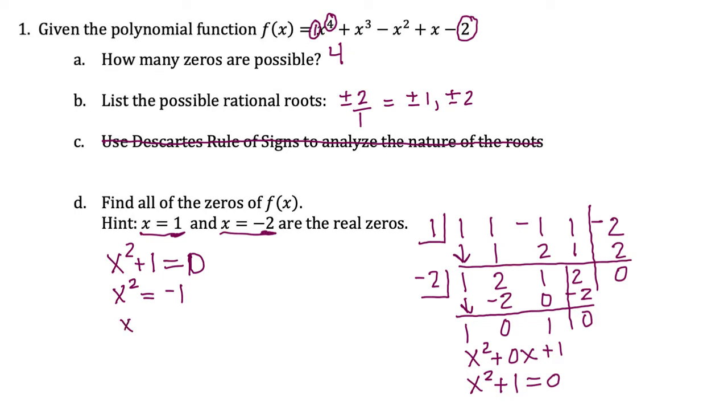Take the square root of both sides, and keep in mind that this is going to be plus or minus the square root of negative 1, and the square root of negative 1 is going to be plus or minus i. So whenever we're listing out our zeros here, because we found them all now, the zeros that we found would be plus or minus i, so there's 2 there, and then 1 and negative 2.